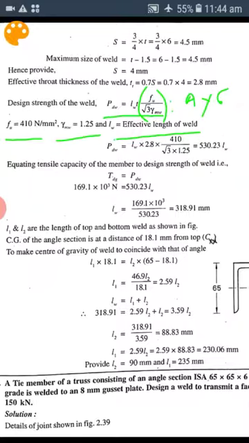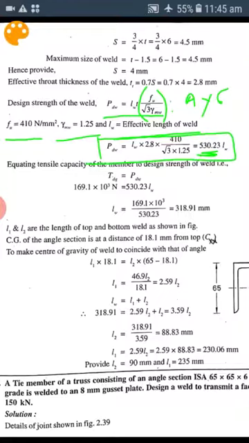Then after substituting all these values in the above equation, we get the unit strength of weld, that is the strength of weld for 1 millimeter run. Since we don't know the length of the weld, you may keep the length of the weld as it is, that is Lw, or else you can take 1 mm weld, find what the strength is, and after getting that strength, you can substitute in the equation.